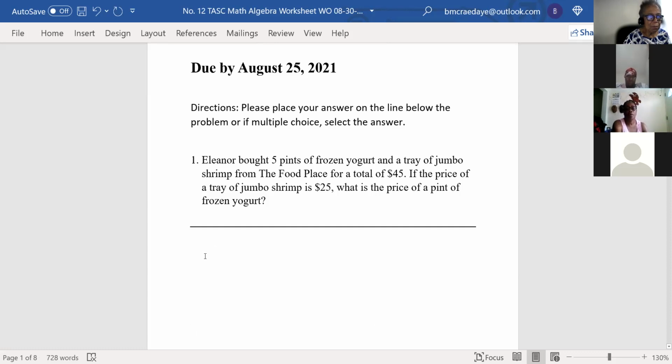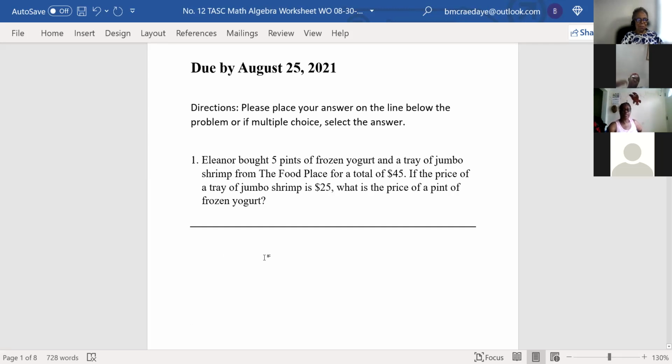Okay, Elmore bought 5 pints of frozen yogurt and a tray of jumbo shrimp from the food place for a total of $45. If the price of a tray of jumbo shrimp is $25, what is the price of a pint of frozen yogurt? So Vanessa, what would you do first?